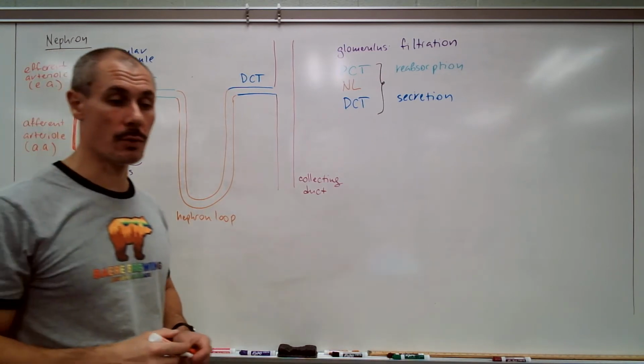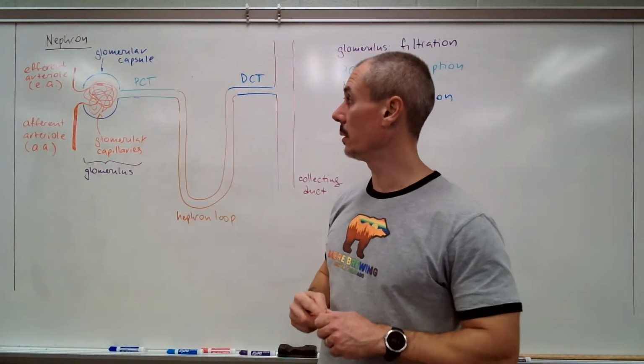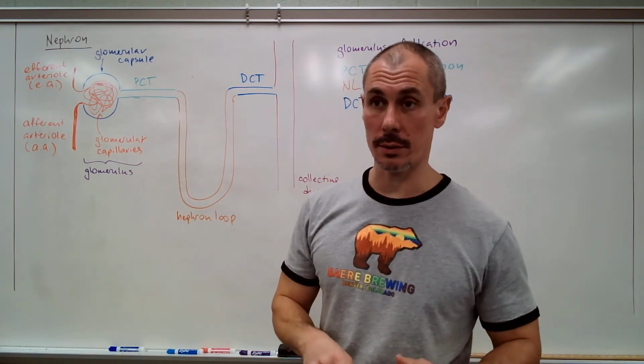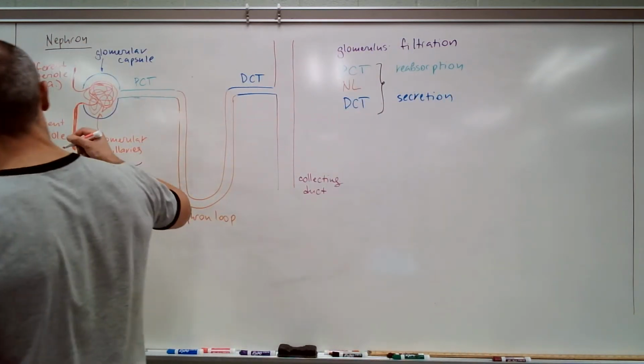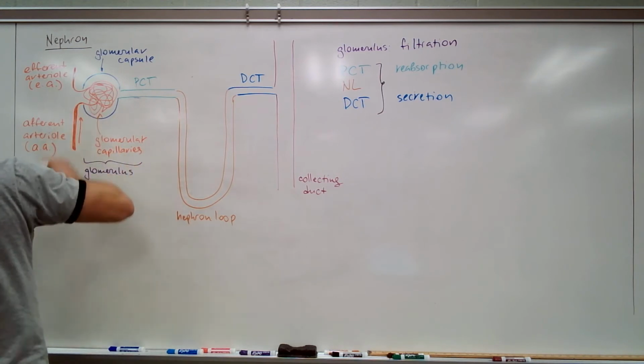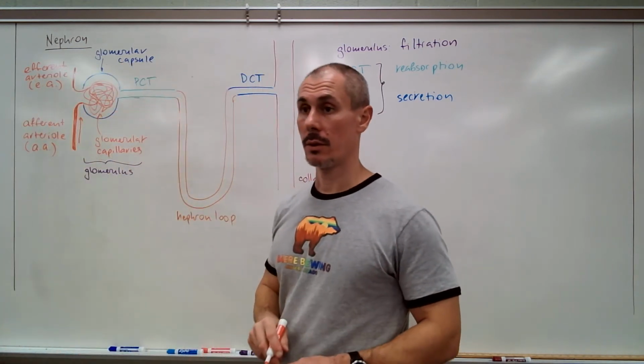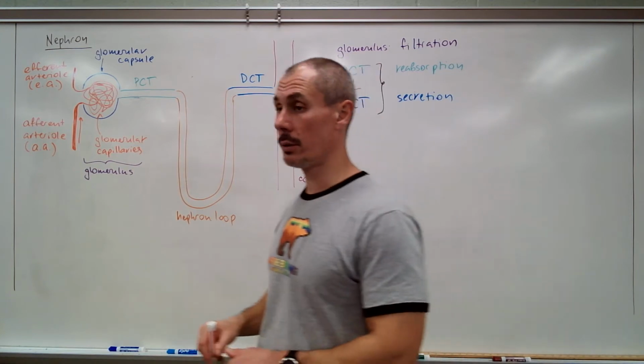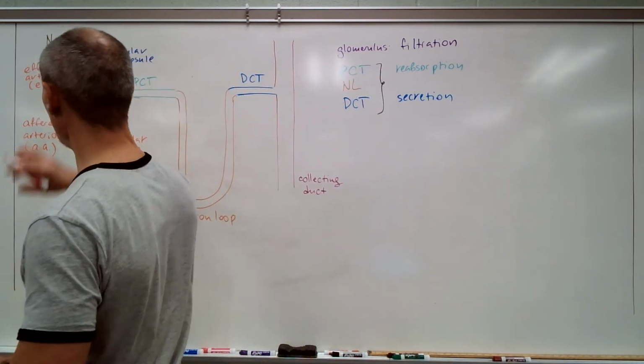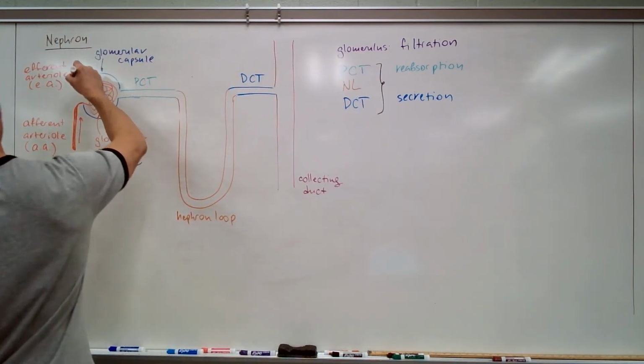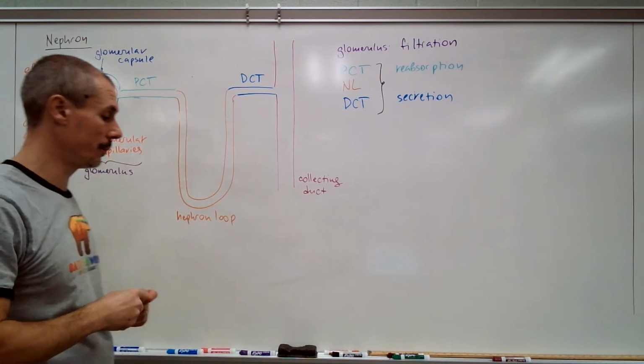Now look at the direction of the blood flow in afferent and efferent arterioles. Check this out. So blood enters the glomerular capillaries from the afferent arterioles, and then these glomerular capillaries are drained by efferent arteriole.